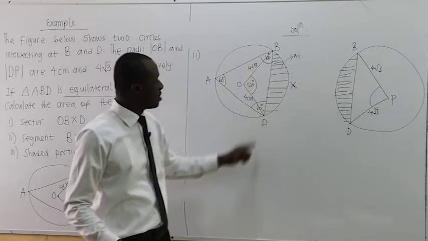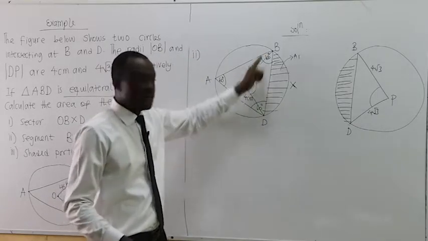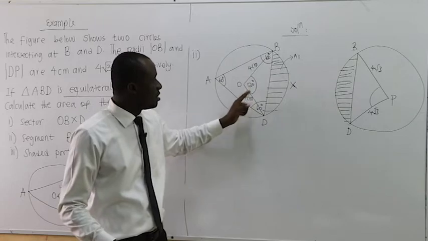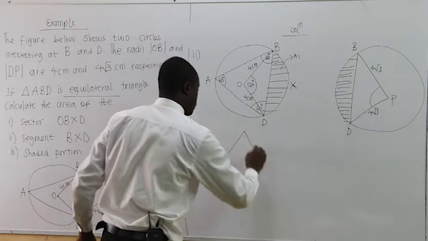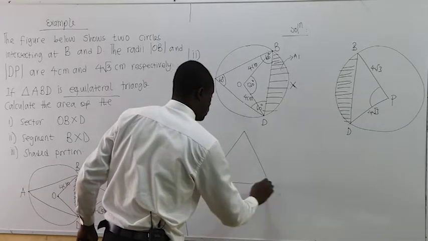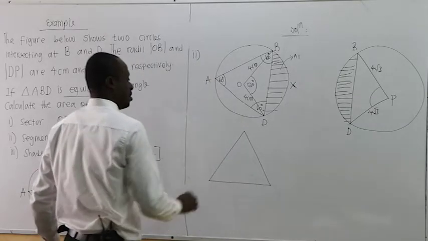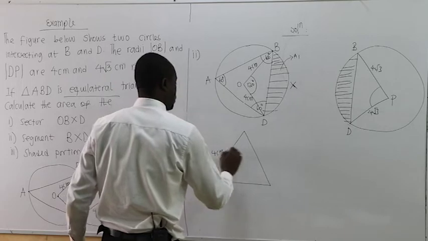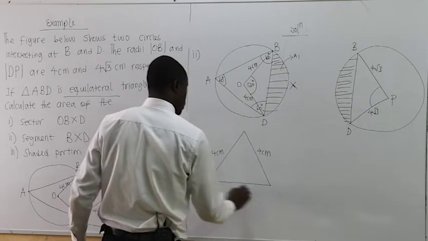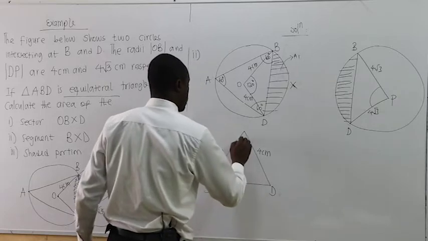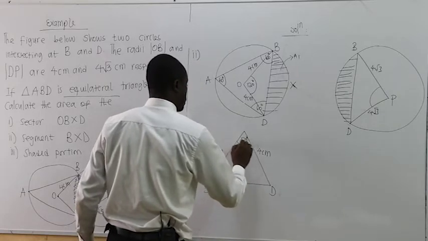Using the first diagram, we can find the length BD. We have this triangle. We know this is 4 centimeters, and this is also 4 centimeters. We don't know BD, but the angle here is 120 degrees.